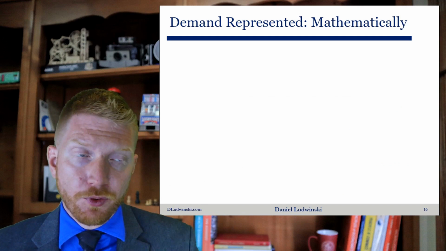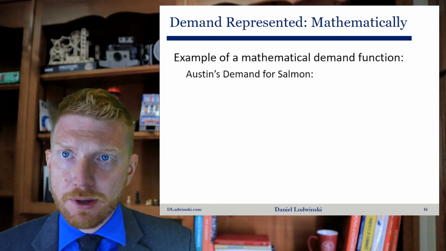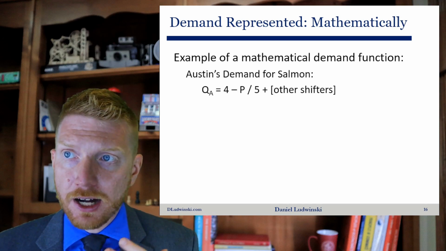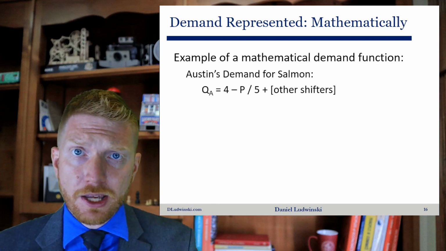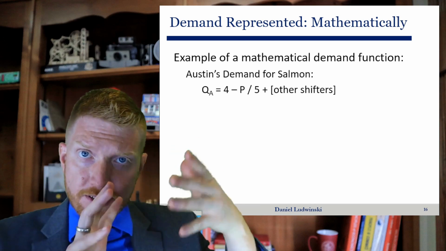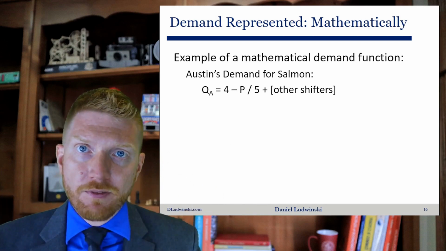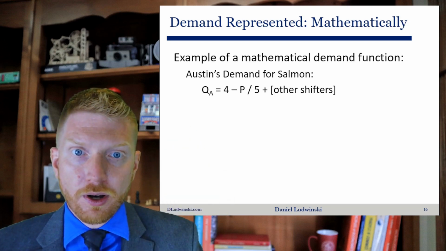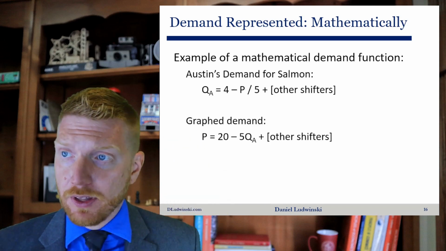So to give an example numerically, we could have Austin's demand for salmon, and maybe it's Q = 4 minus the price divided by 5, plus the other shifters. Now when we're graphing demand, we think about the functional output as quantity, but when we're graphing it, we typically put price, our y or vertical axis, on the left side of the equal sign.